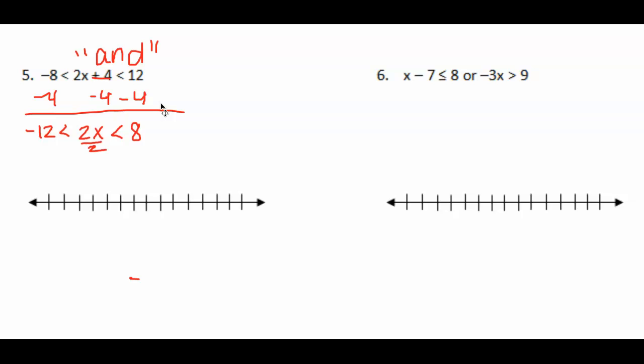To get rid of times 2, we're going to divide everything by 2. And I get that x is less than 4, but greater than negative 6. So open at 4, open at -6, and shade between them.